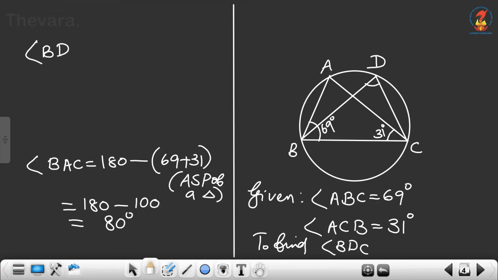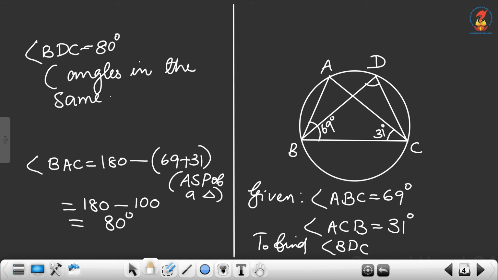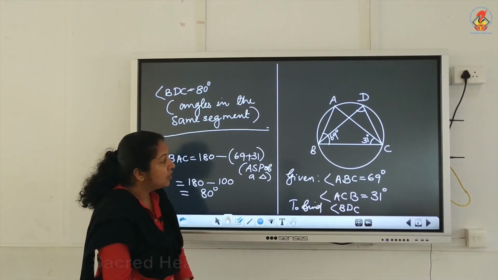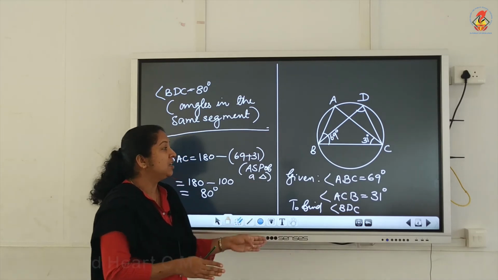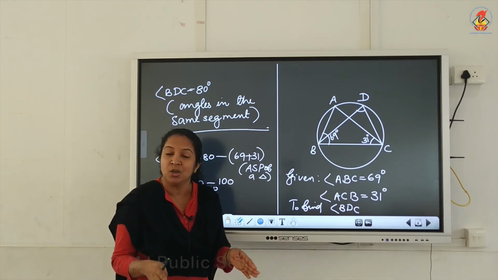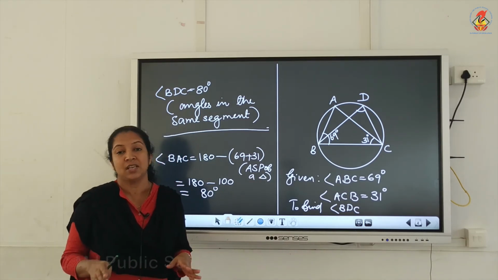Angle BDC is also equal to 80 degree using angles in the same segment. This is the answer. So here what we have applied is angle sum property. Using that we got angle BAC, but angle BAC and BDC are equal because they lie on the same segment.